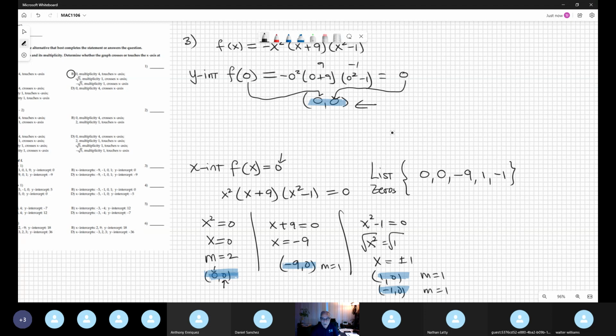In total, we have 1, 2, 3, 4, 5, because the degree of this polynomial is 2 plus 2 is 4 plus 1 is 5. Degree 5. But you never indicate in this way. You indicate 0, 2 times. The multiplicity, remember, is the 2 times. And when this situation happens, multiplicity indicates to us that the graph of the polynomial touches the x-axis.